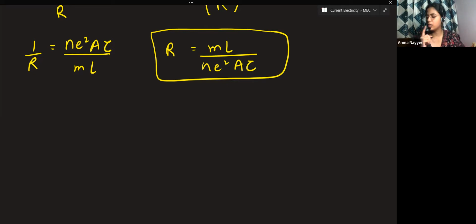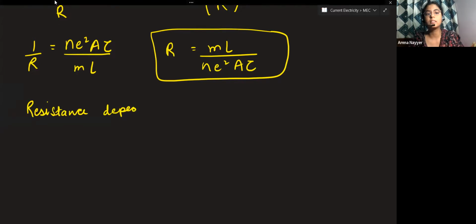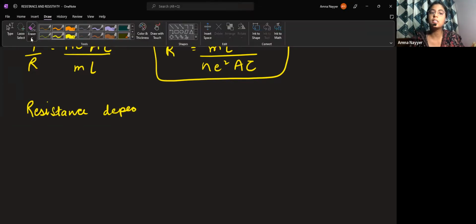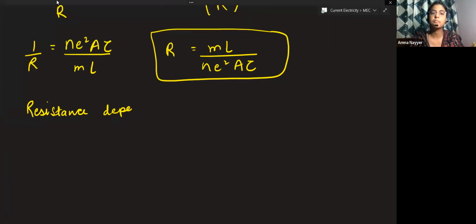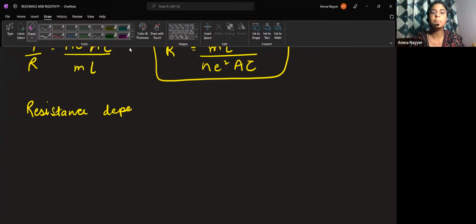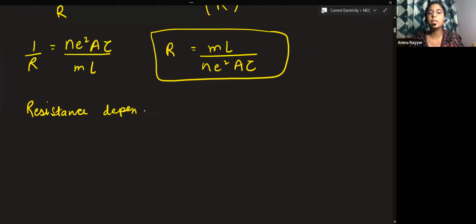Now from here, few important points regarding resistance you have to remember, which can be seen through the formula only. Resistance depends on 4 factors, and all these 4 factors you should remember, because 2 of them will be utilized in derivation of other only. So resistance depends on what?